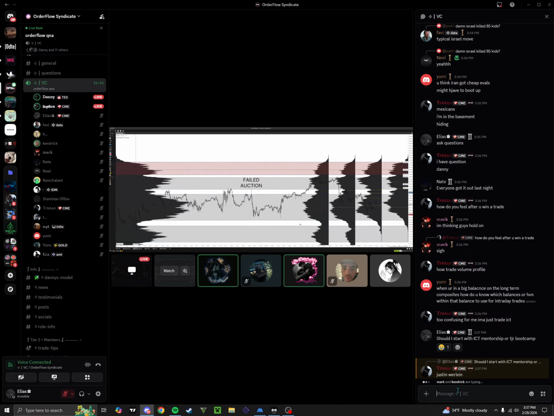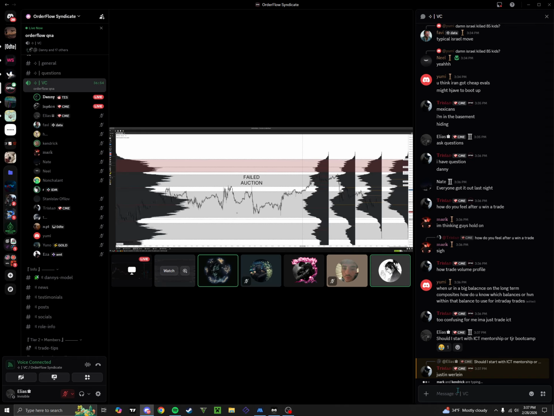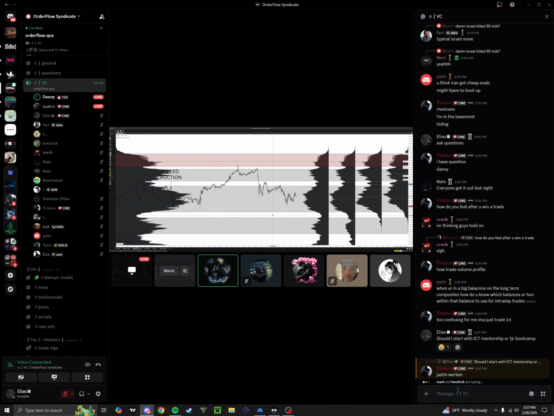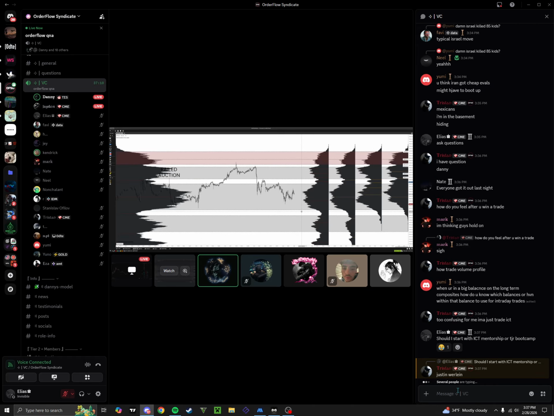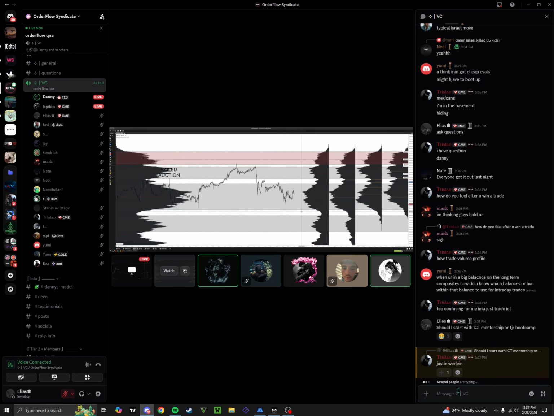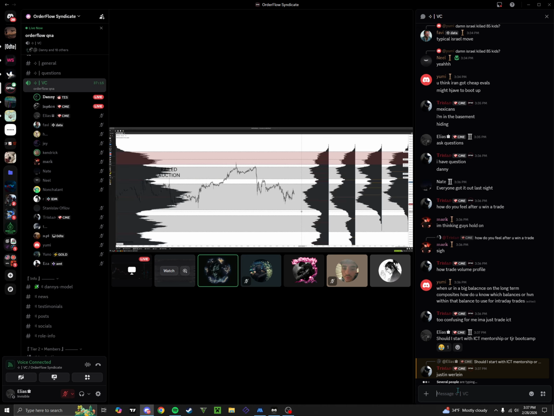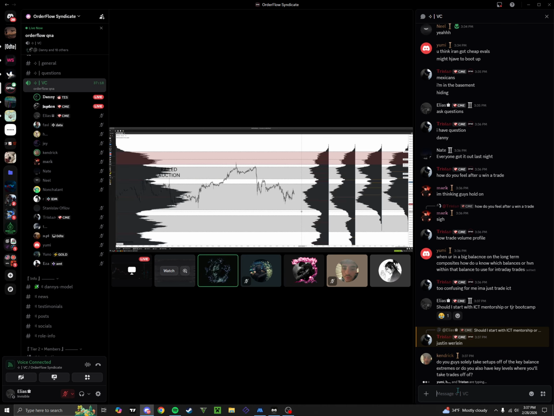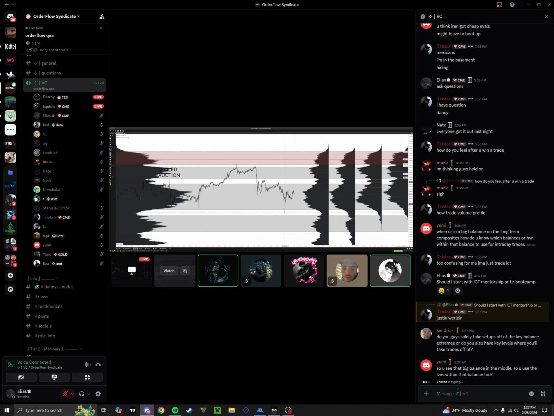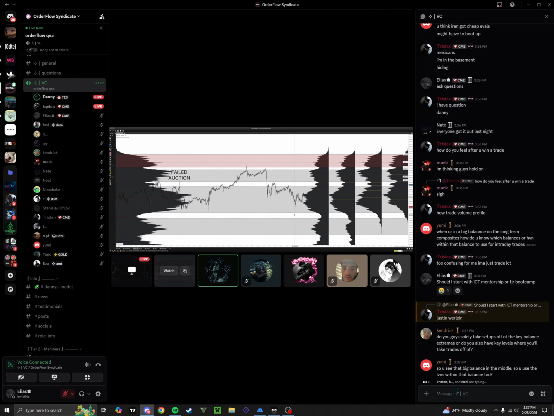But I do like using the low volume nodes sometimes, and it's really just about having confirmation on the DOM to verify when those low volume nodes are going to work, because obviously every single one of them can't work. That's why my primary levels are just the balance extremes, because it's so little to work off of, and they usually have pretty high win rates. So less is more at the end of the day, in my opinion.